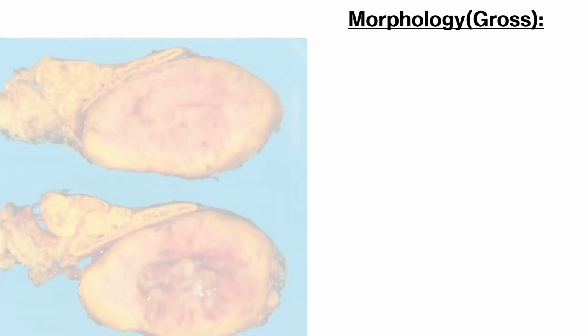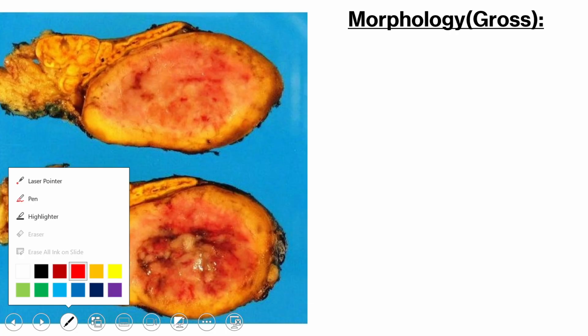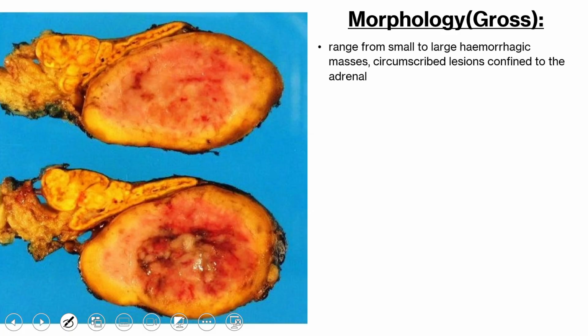First we see the gross features. In pheochromocytoma, the adrenal medulla is mainly affected, and it could range from small to large hemorrhagic masses.